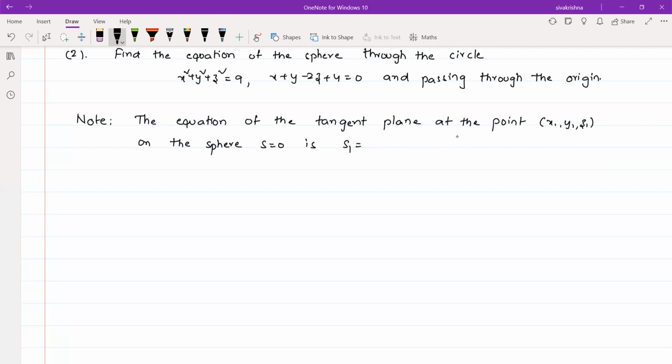While discussing problems, we will explain once again what S1 is. So the formula to find the tangent plane for the sphere equation is S1 equals 0.